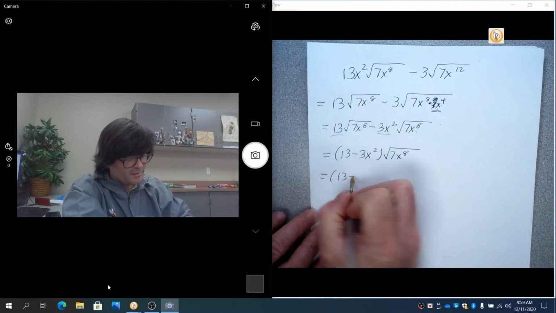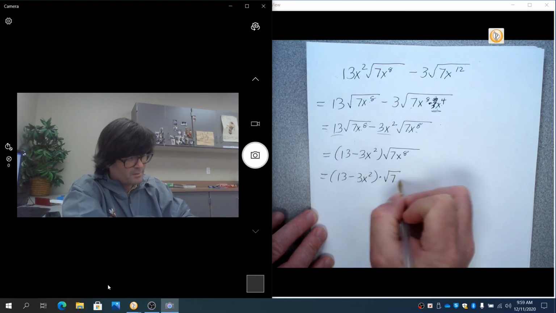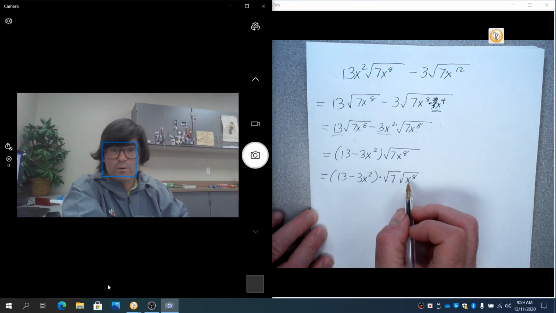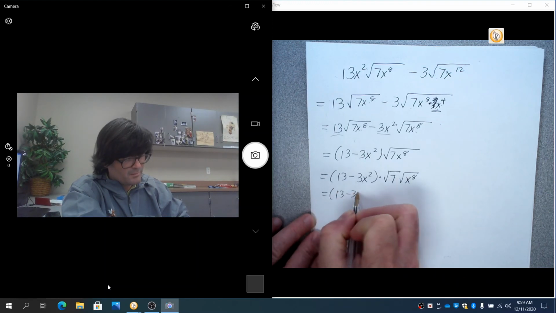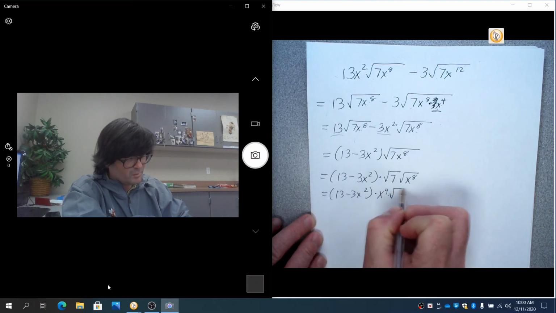So we have 13 minus 3x squared times the square root of 7 times the square root of x to the 8th. And the square root of x to the 8th is x to the 4th. So this is 13 minus 3x squared times x to the 4th times the square root of 7.